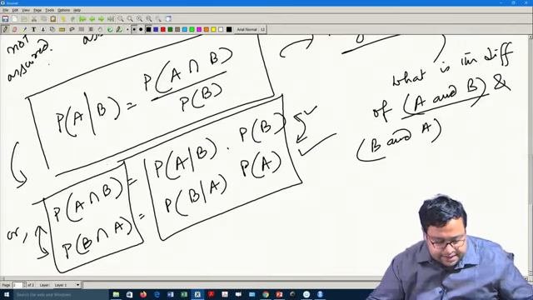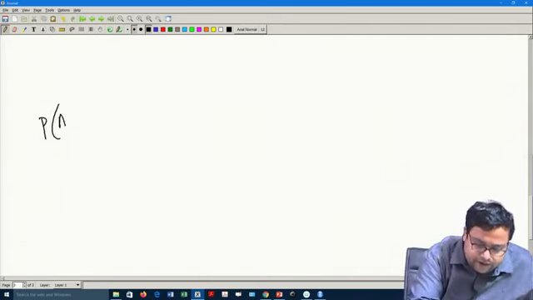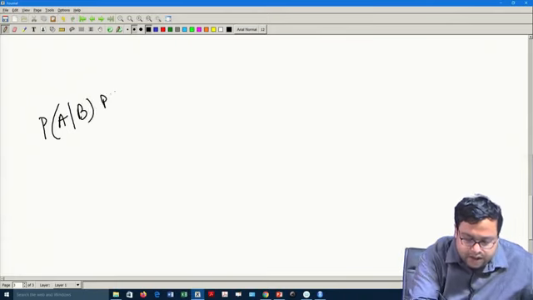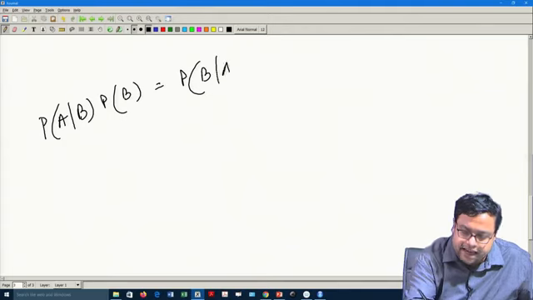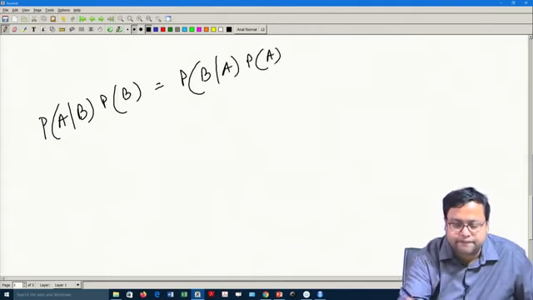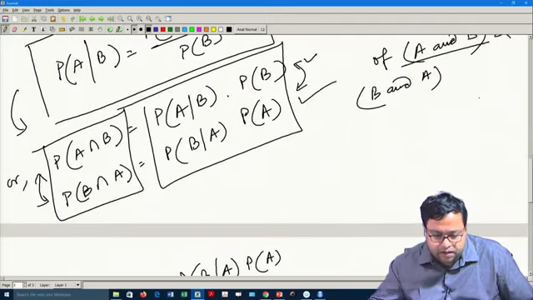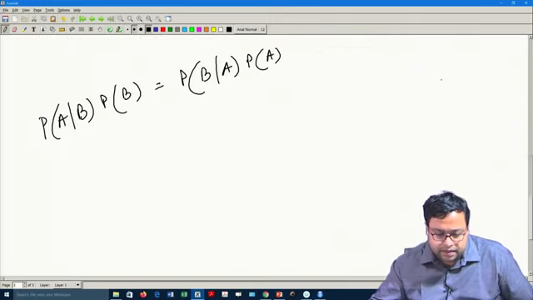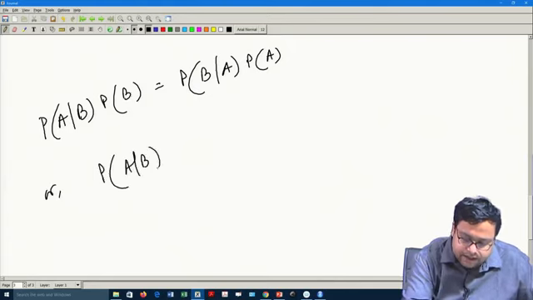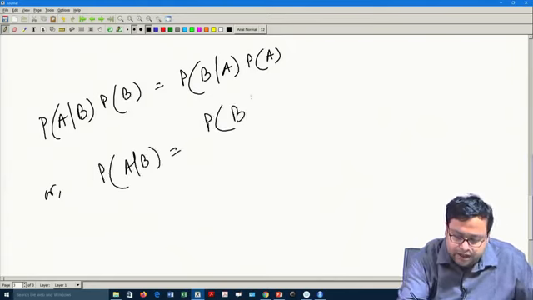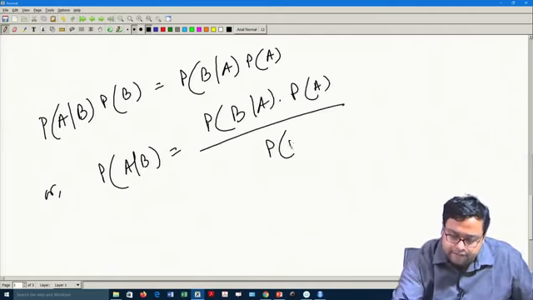That means P(A given B) into P(B) is equal to P(B given A) into P(A). So, that was the formula. Or P(A given B) is P(B given A) into P(A) by P(B).